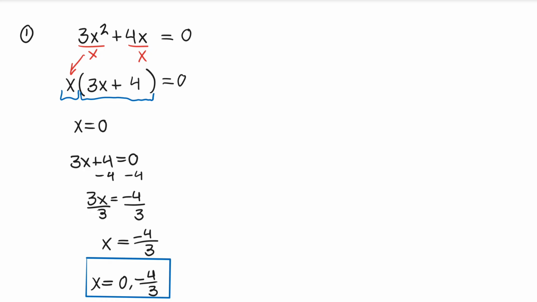If you want to check to make sure that you found all of the solutions, the number of solutions you end up with should be the same as the degree of the function. The degree of a function is the highest power of x in the polynomial. So the degree of this function is 2, so I have 2 solutions.